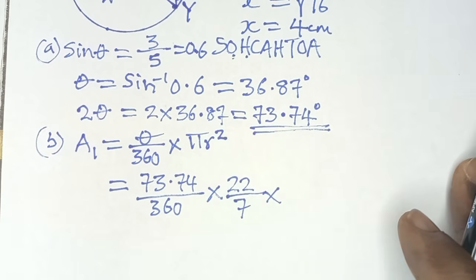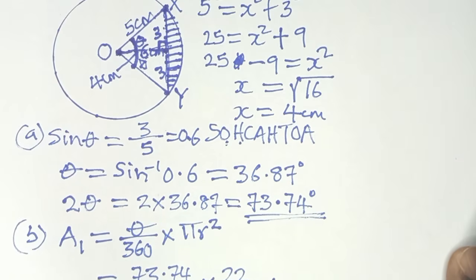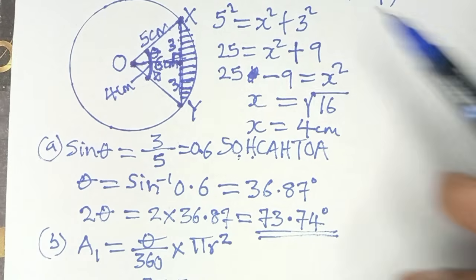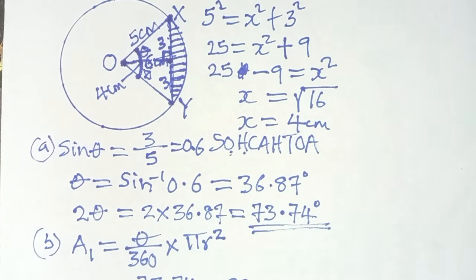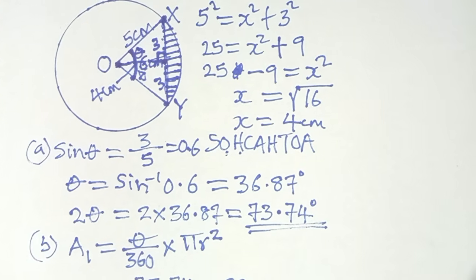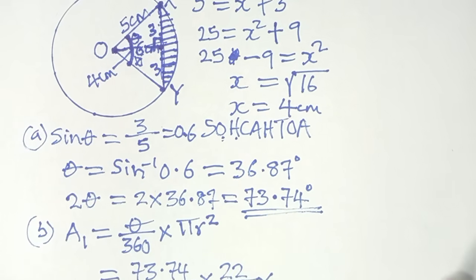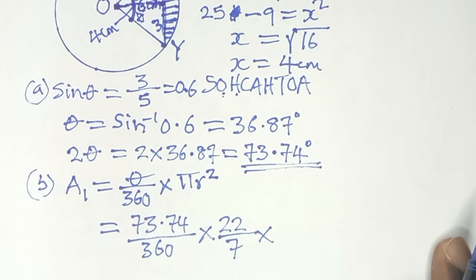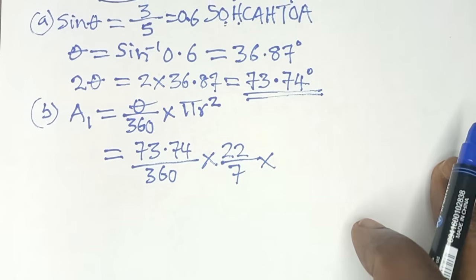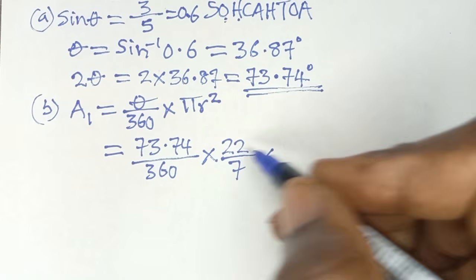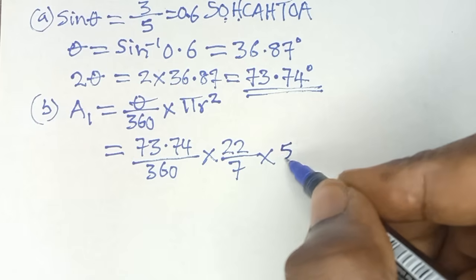The radius from the question is 5 centimeter. So the radius is given to us. Now let's come back to our formula and substitute the value of the radius, so it will be multiplied by 5 squared.